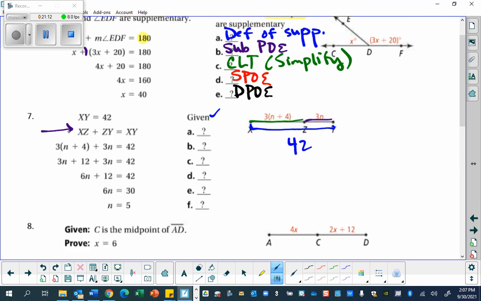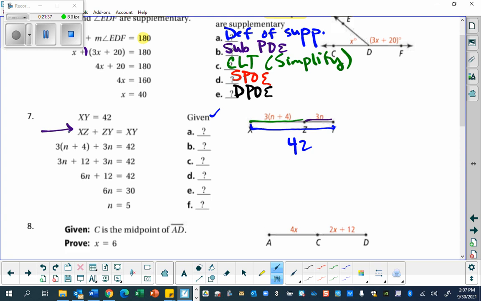Who says that's possible? What rule in your notes says if you have 2 little pieces of a segment, you can put them together for the big segment? Who remembers what it's called?